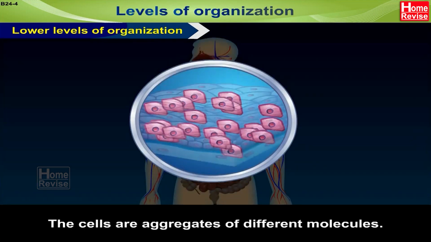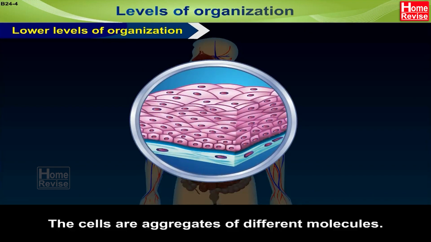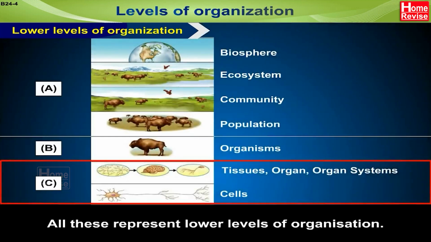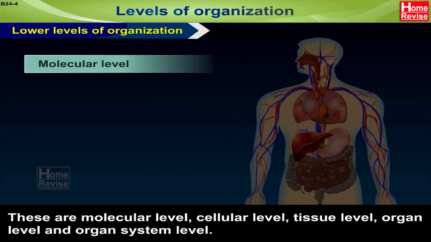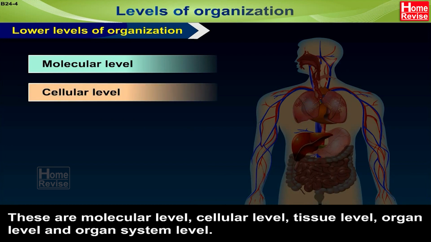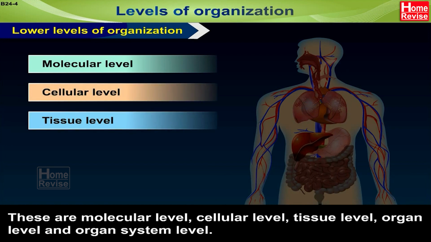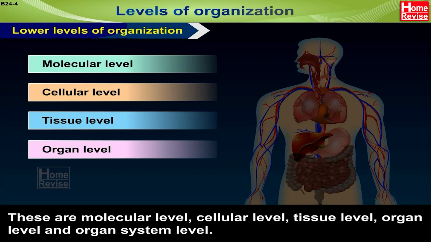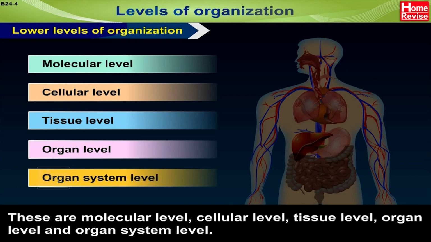The cells are aggregates of different molecules. All these represent lower levels of organization. These are molecular level, cellular level, tissue level, organ level, and organ system level.